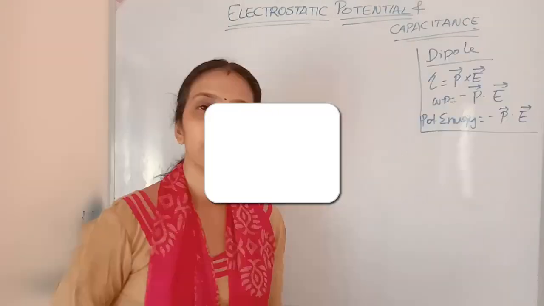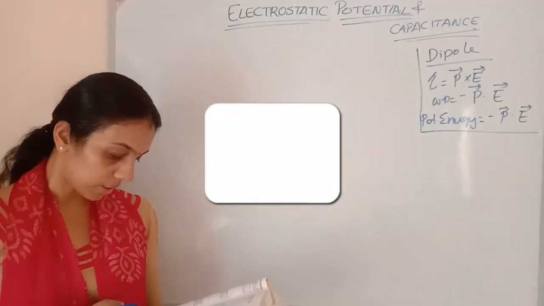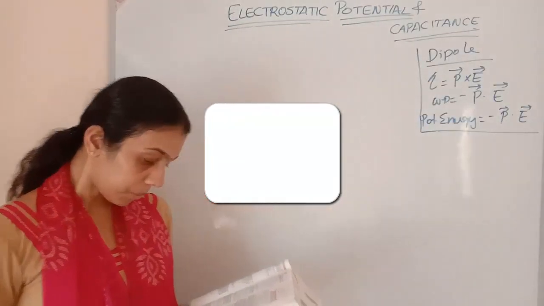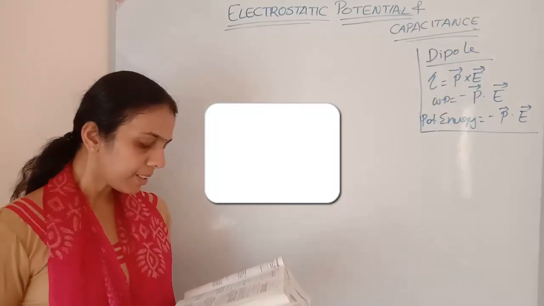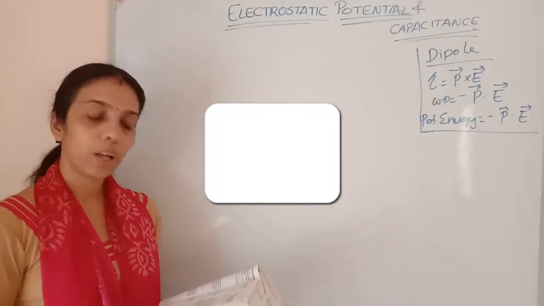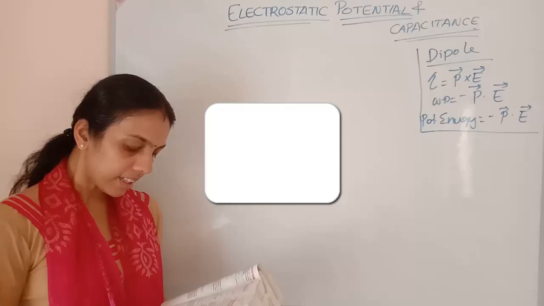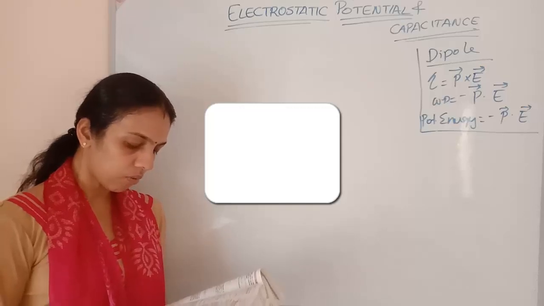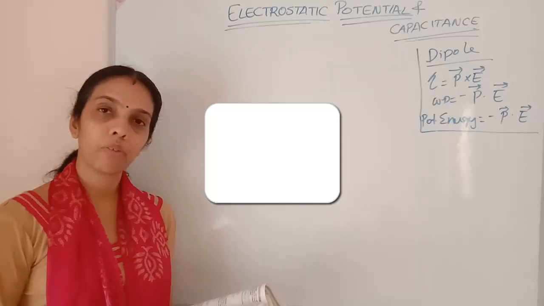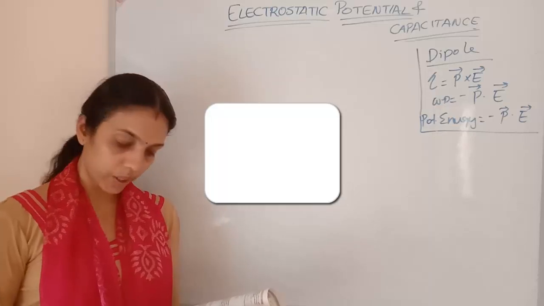Clear? So here the first question is: an electric dipole of moment 5 into 10 to the power minus 8 coulomb meter is aligned in a uniform electric field of 1.44 into 10 to the power 4 Newton per coulomb.